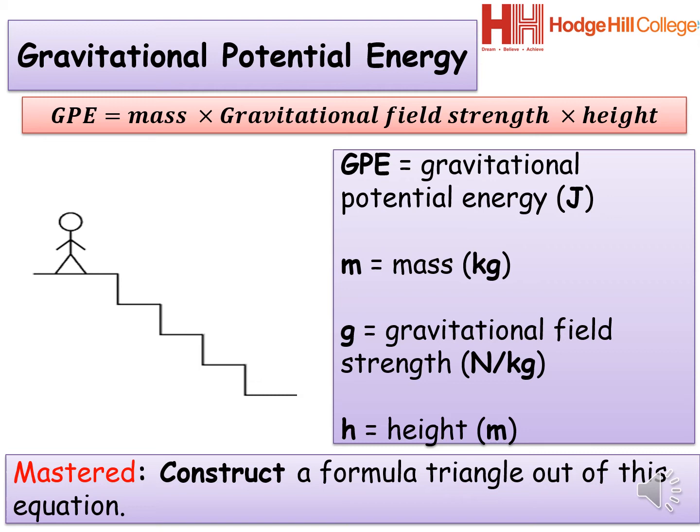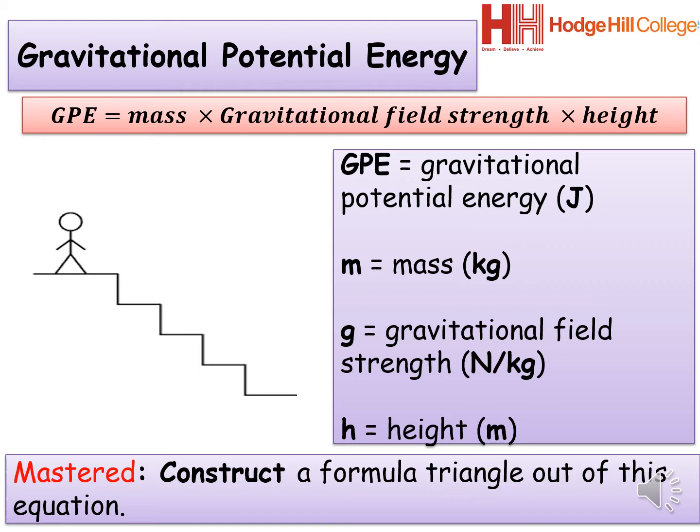On Earth, it's pretty much the same wherever you are, and we're looking at roughly 9.8 newtons per kilogram. In an exam, they will give you the figure they want you to use for gravitational field strength. So not to worry too much about that. It will become clear when we go through an example. And height, finally, is given the symbol of lowercase h and the units of meters.